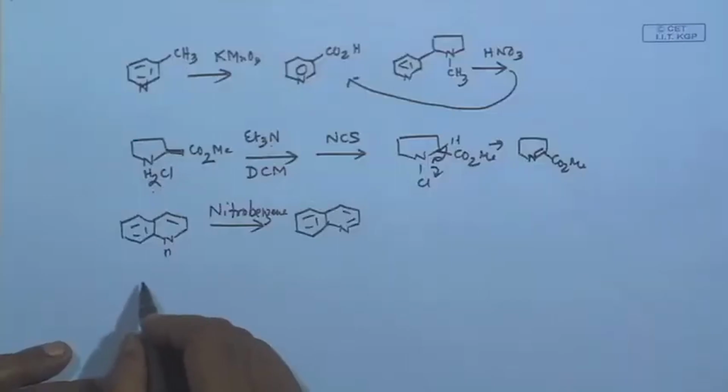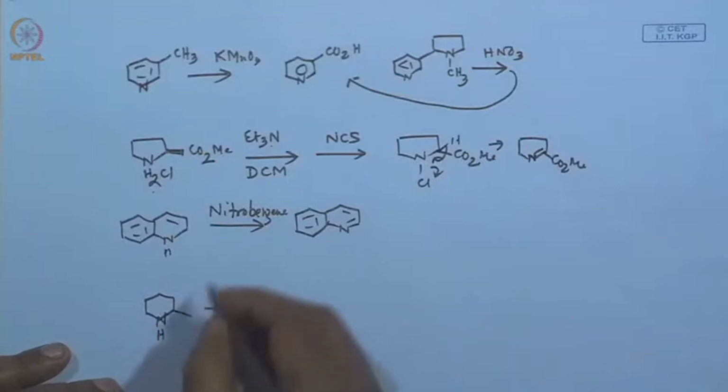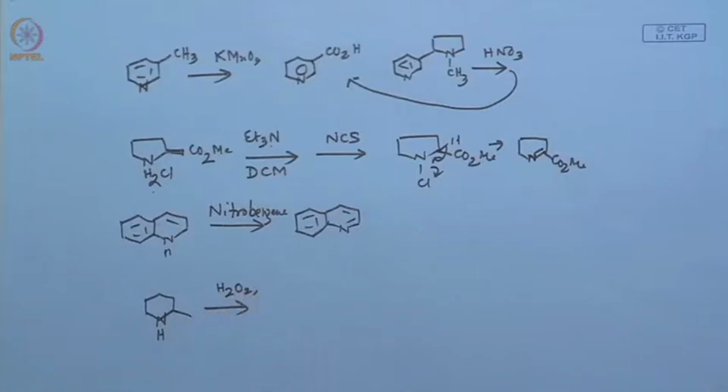Skraup synthesis, Skraup quinoline synthesis. And let us say this is something different. This is very useful these days. Let us say you have a secondary amine, and by giving this example I am trying to show you some of the usefulness as well as the limitations.